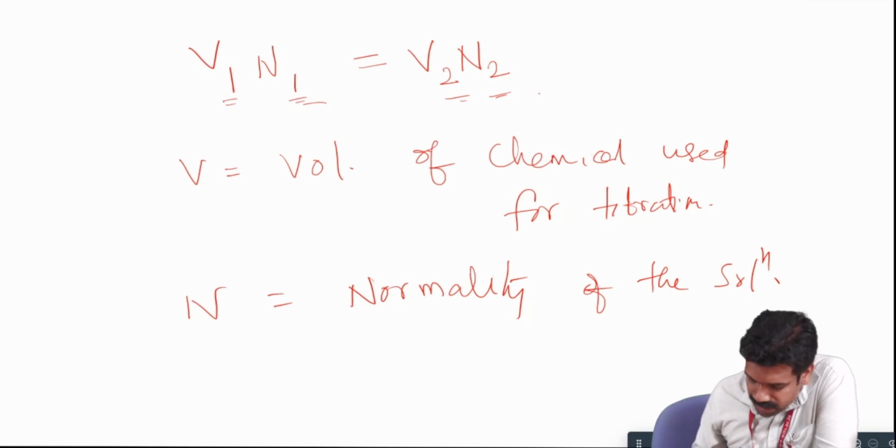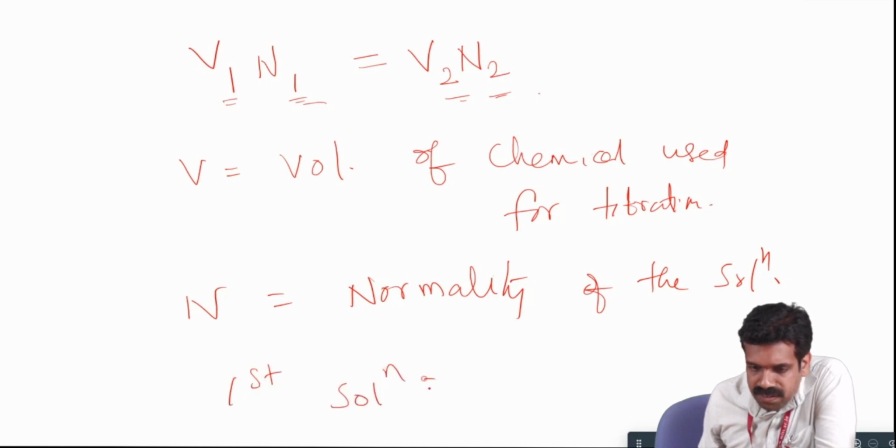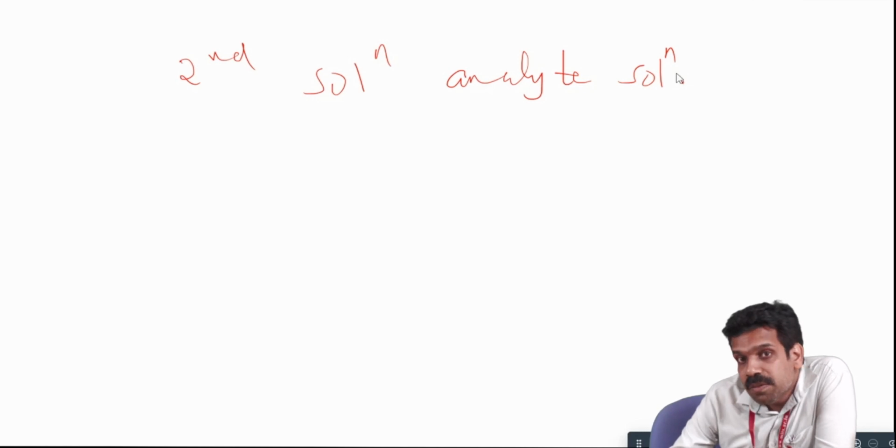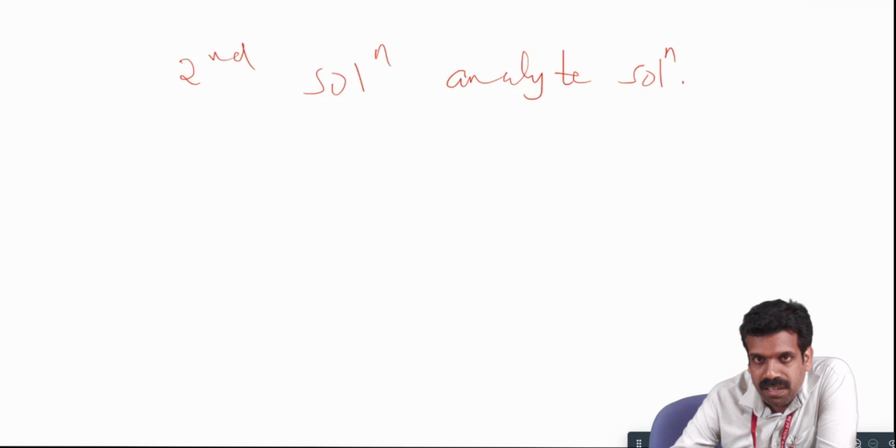For the sake of simplicity, let me call my first solution the burette solution, and my second solution the analyte solution. That means the first solution is the burette solution, the standard NaOH solution, and my second solution is the acid solution.